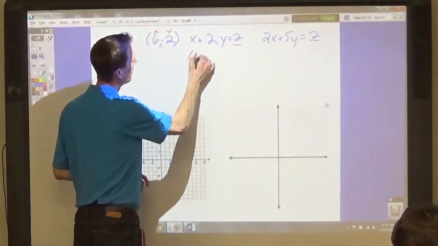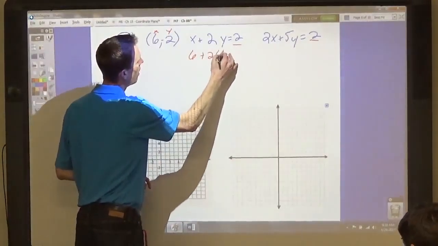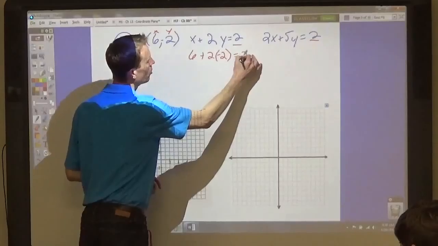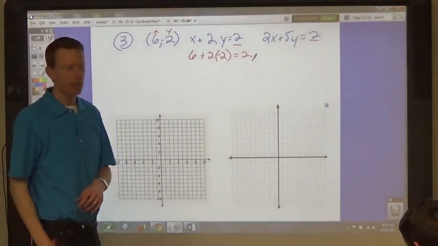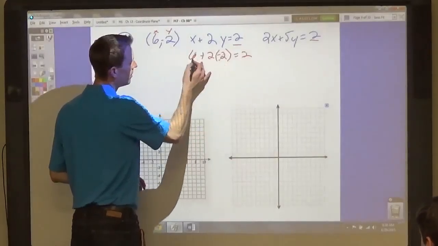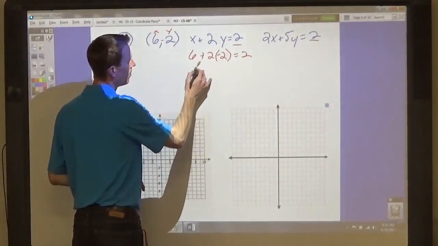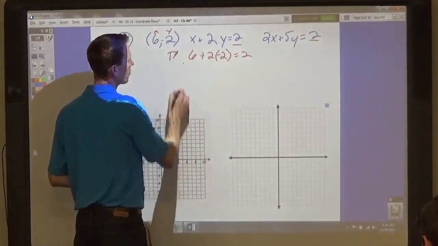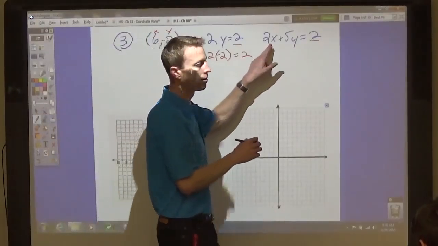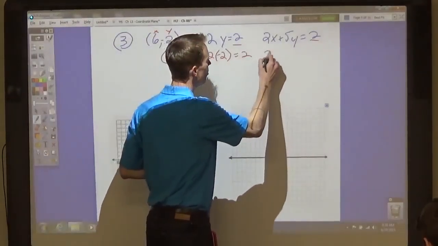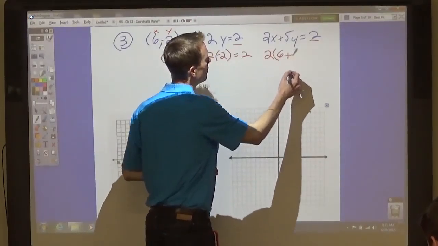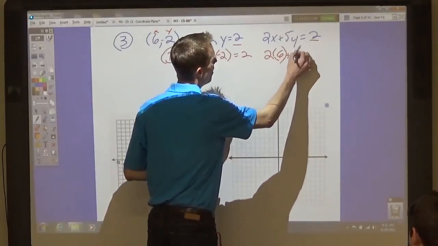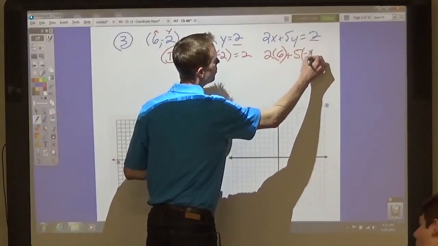So, 6 plus 2 times negative 2, does that equal 2? Yes. 6 plus negative 4, right? So that one's true. And 2 times 6 plus 5 times negative 2.